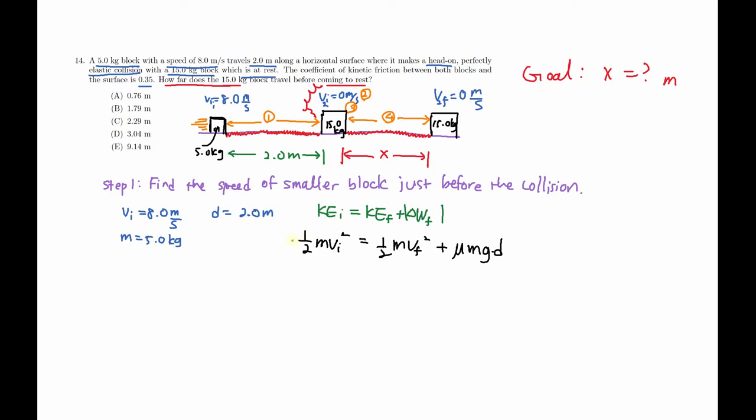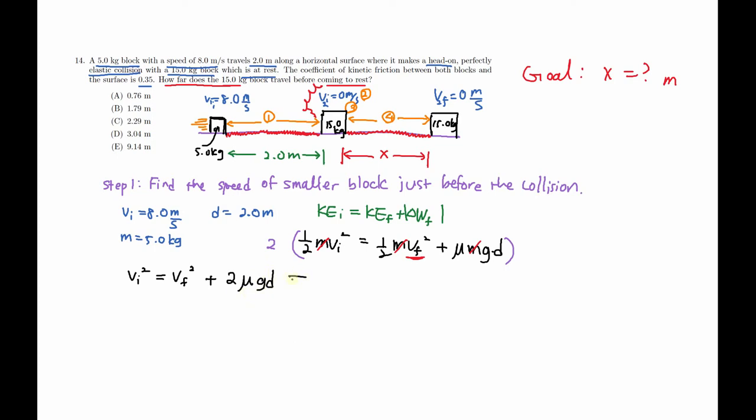Now I can multiply by 2 on both sides and then cancel out the mass. I'm very interested in the final velocity of our smaller block just before it collides. So let's refine our equation. On the left side I have v initial squared equals v final squared plus, don't forget to multiply by 2 on the third term, 2 mu g d.